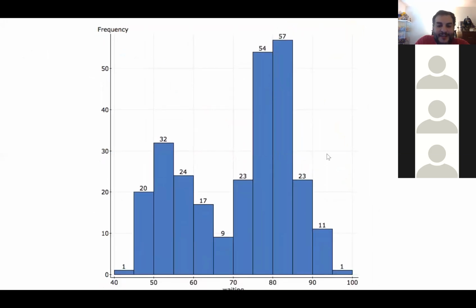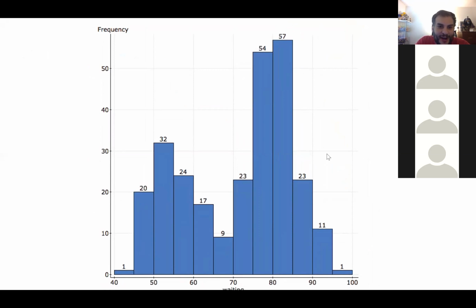So pretty much you describe, hey, you have two hills on this distribution, because we still haven't gotten into the words symmetric or skewed to the left or skewed to the right. So right now it's just you describing what features it has. You can just say there are two hills on it.